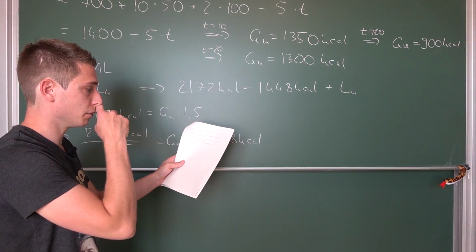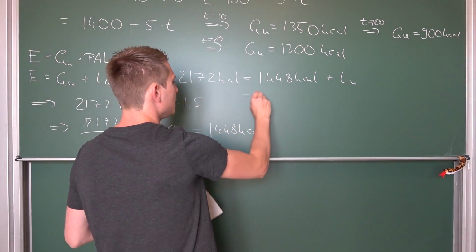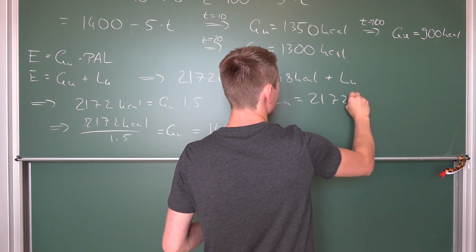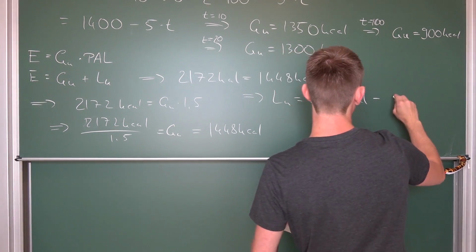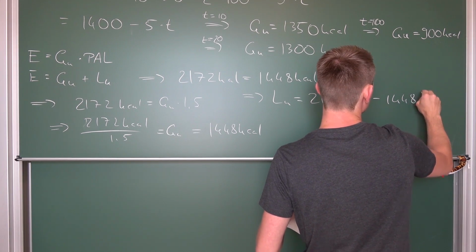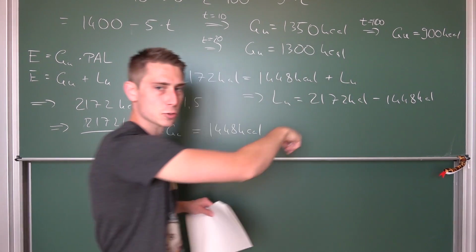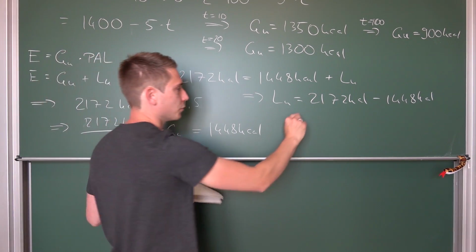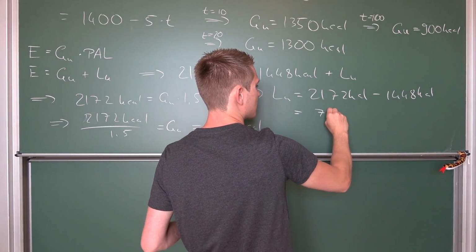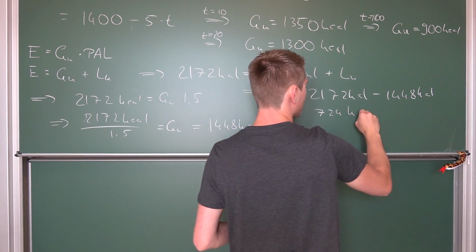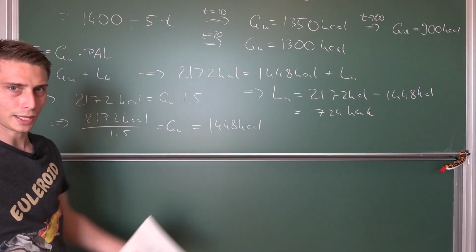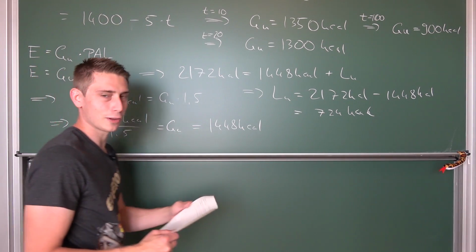This is what we are looking for here, meaning our LU is thus 2172 kilocalories minus 1448 kilocalories, and this is just 1/3 of what we have here, so what I have talked about before, meaning this is going to give us 724 kilocalories.